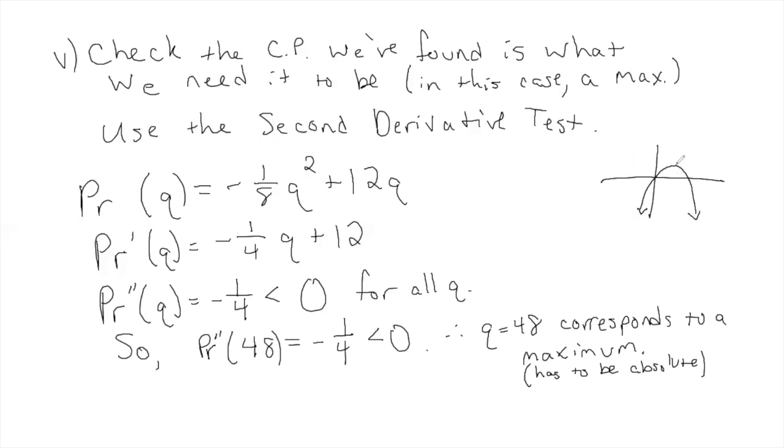But basically, the point is that the only time this function ever turns around is at this point here, and it's a maximum. So it has to be a parabola of some kind, which is not surprising, right? Q squared. And it only has this one critical point, so it has to be the absolute maximum. There's no local maximums in this, there's only one. So this just guarantees that this is what we're looking for.